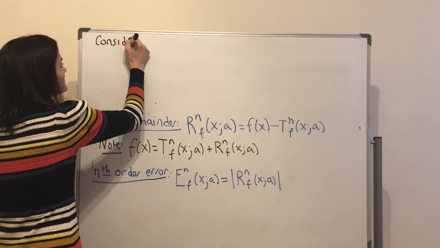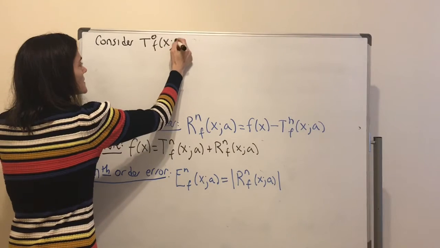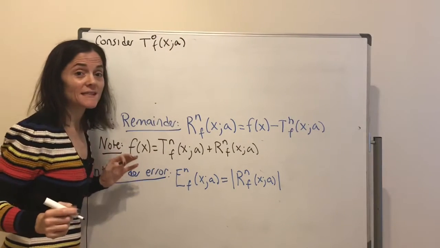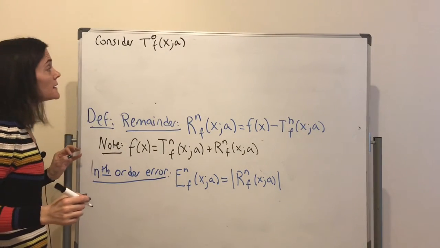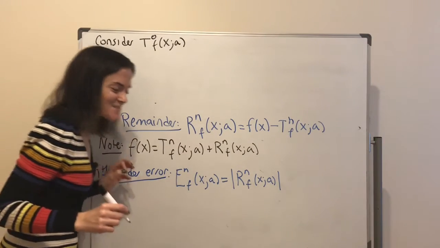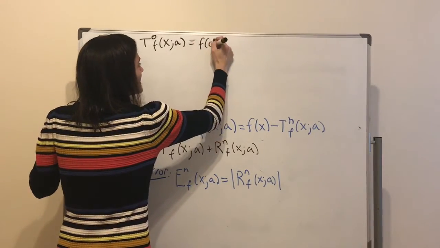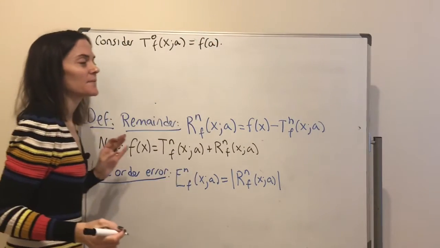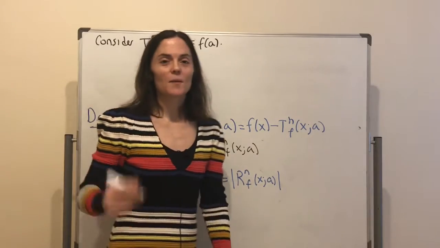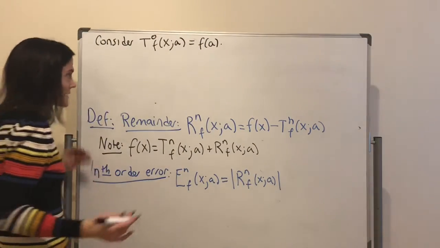Consider this, T_0 f(x, a). Well, we know what this is, right? The 0th order Taylor polynomial, it's just the function value at a. In fact, we saw this with our approximating polynomials video even, and we've seen it since then.